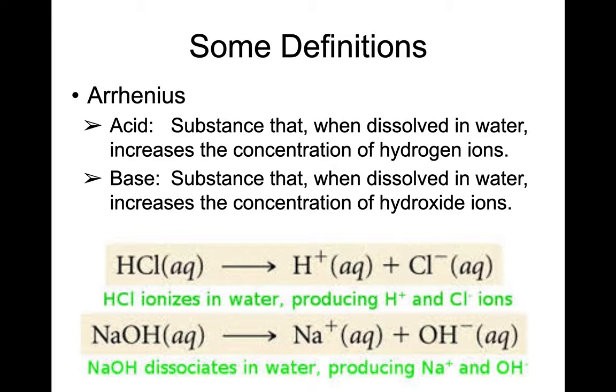So in the case of hydrochloric acid, for example, we know this is an acid because when it's dissolved in water, it splits apart into hydrogen ions and chlorine ions, and so the end result is an increase in hydrogen ions, so we meet the definition for an acid. Similarly, sodium hydroxide dissolves in water to produce sodium ions and hydroxide ions, and so does increase the concentration of hydroxide to meet the definition of a base.